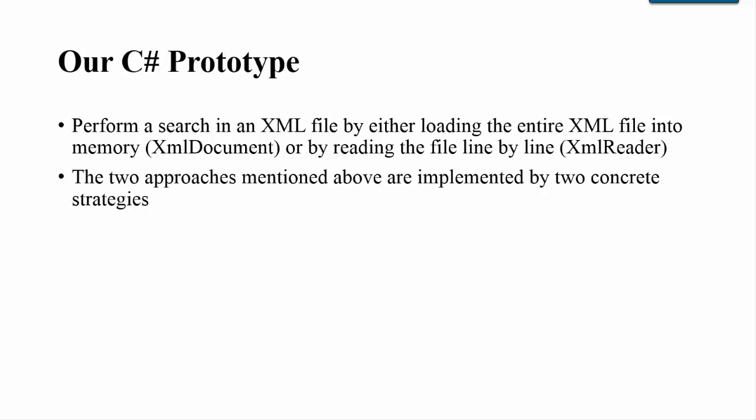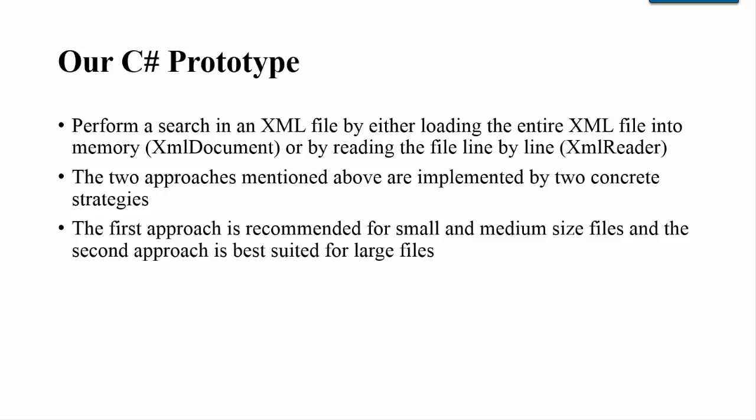The two approaches mentioned above are implemented by two concrete strategies. The first approach is recommended for small and medium-sized files where the entire XML DOM can be loaded into memory, and then we can perform very fast searches on it since all that information is in the memory itself.